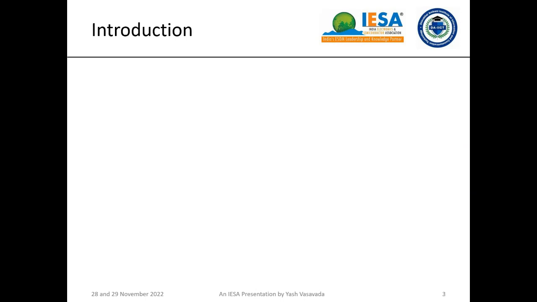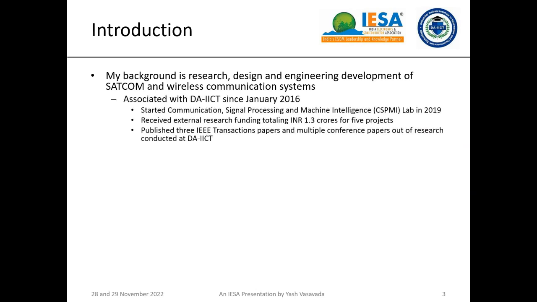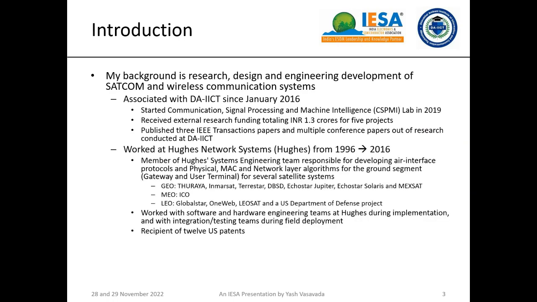So as Anjali introduced me, I have worked previously at a company called Hughes Network Systems, where I was affiliated from 1996 onwards until 2016. And I worked over a number of mobile satellite communication systems, GEO systems, MEO, and low Earth orbit LEO systems. My role there was as a systems engineer, and I developed physical layer and MAC layer, network layer algorithms.